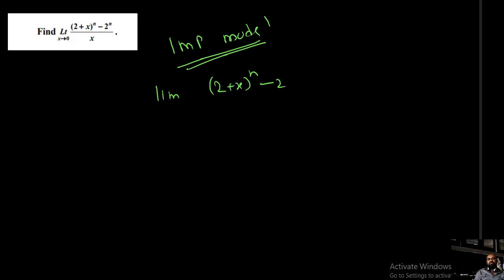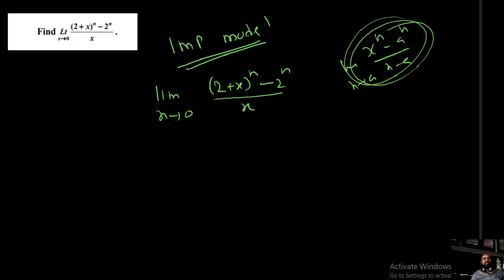Another important model, students, IMP model. Find the limiting value of 2 plus x power n minus 2 power n by x, as x is tending to 0. Actually, the problem is not directly in the form of x power n minus a power n by x minus a, where x is tending to a.